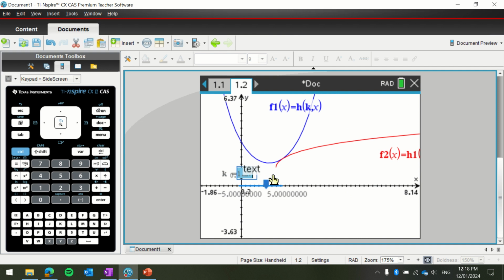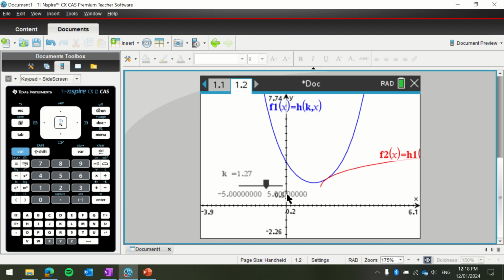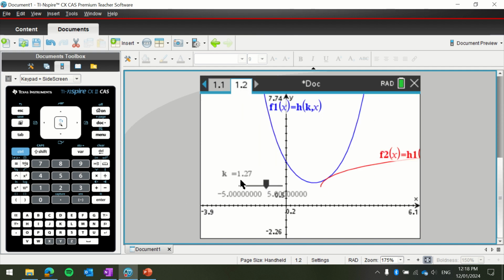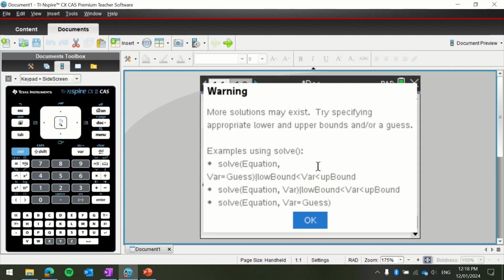So if I put 1.27 in, I get a pretty nice result. The result is true. They intersect only once, and that's the first time they intersect. So even though the calculator gives me negative 1.27, I'm pretty confident that positive 1.27 will be another solution because it says more solutions may exist.